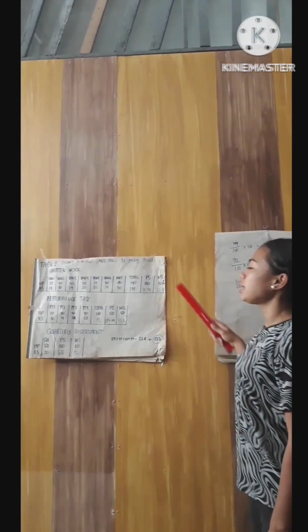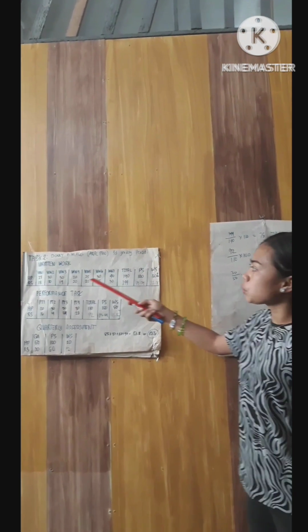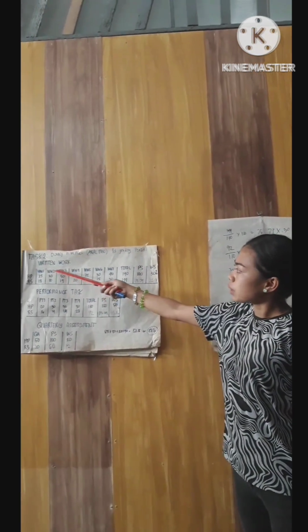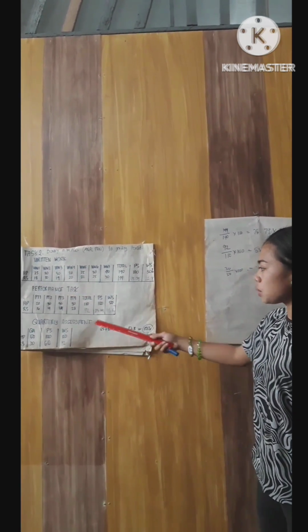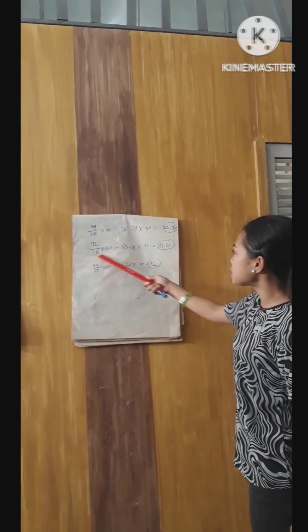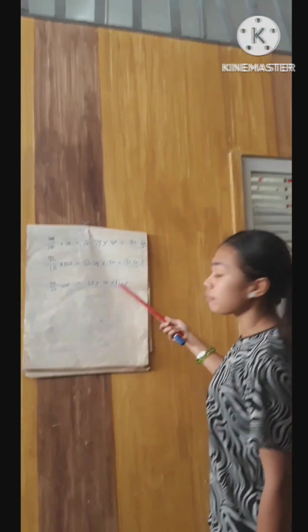So now, to get the initial grade of Donnie Mariano in Araling Panlipunan, we are going to add the weight score of written work, weight score of performance task, and weight score of quarterly assessment. So the weight score of written work is 22.74. In performance task, we have 41.82, and in quarterly assessment, we have 12.